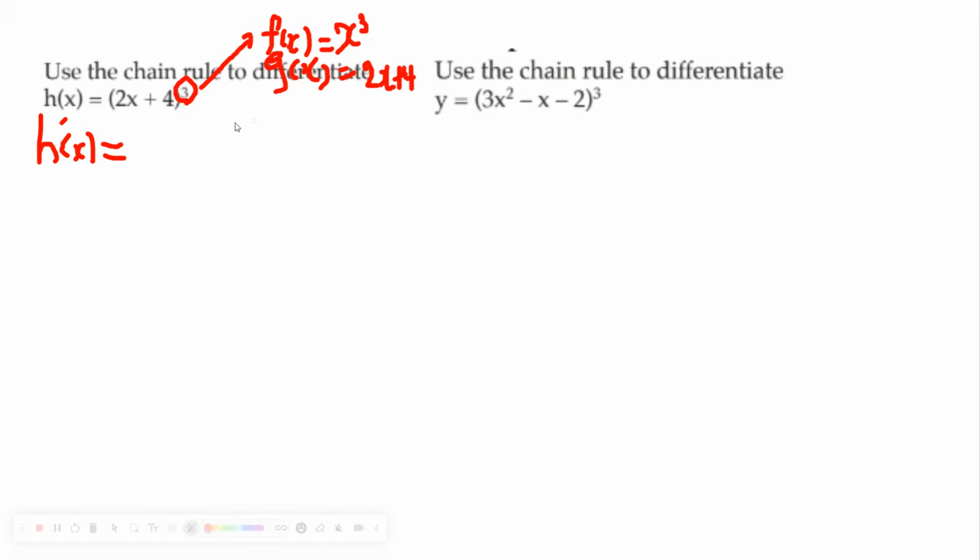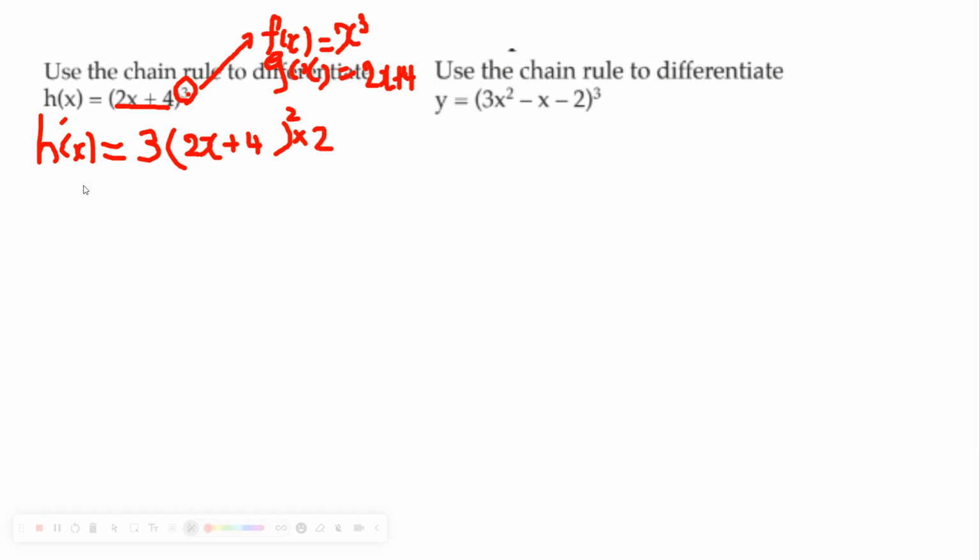If you differentiate this one, you put 3 in front and then take 1 away from 3, so this is 2, isn't it? Then you copy the inside function here, then times by the derivative of the inside function, which is 2, isn't it?